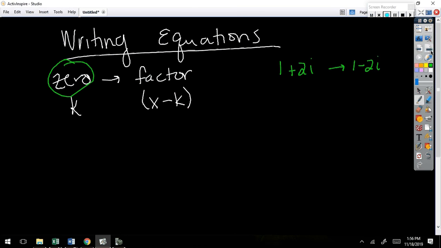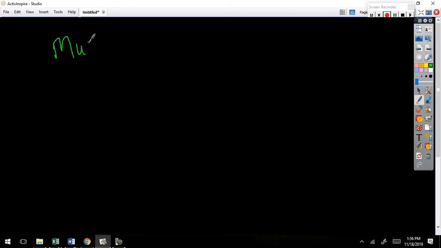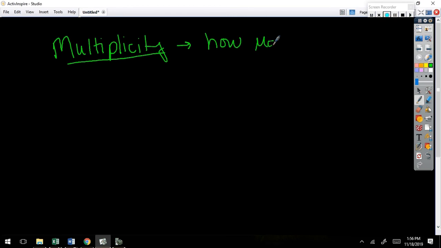All right, so the first thing I want to talk about is multiplicity, and you have to think back to when we were talking about multiplicity. Multiplicity just simply tells us how many times a factor is repeated.